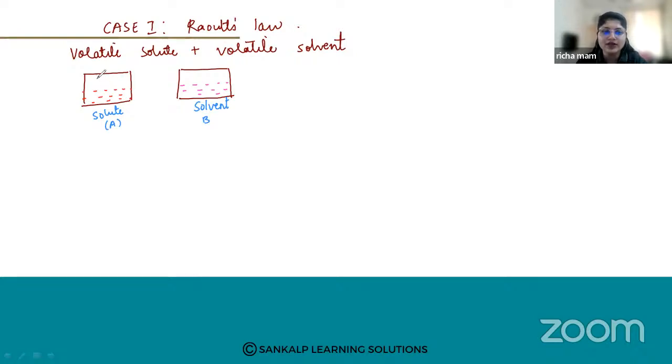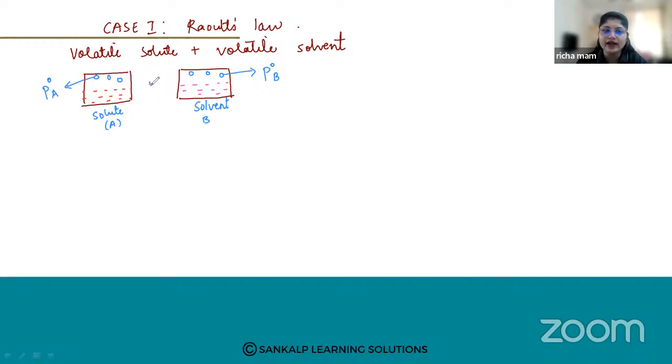Now are these vapors in pure state or impure? This is a pure component A and this is a pure component B. Solute has only one type of molecule, and solvent also has one type of molecule. So how do we denote this? It will be P naught of A, and the vapors of solvent B will be denoted as P naught of B.